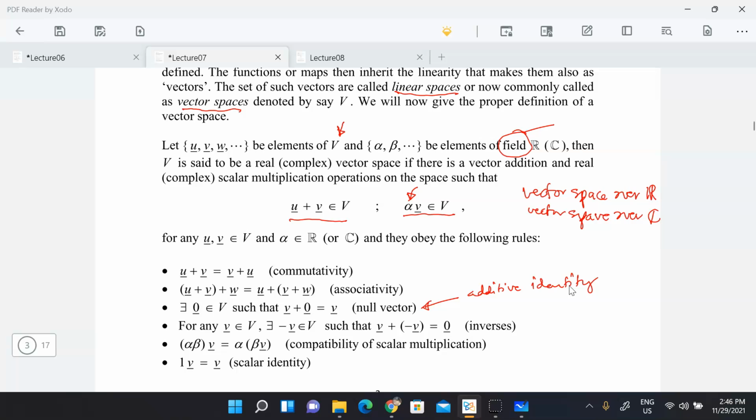And once you have an additive identity, you should have an inverse. Your inverse is given by the negative of the vector itself. So this is the additive inverse.